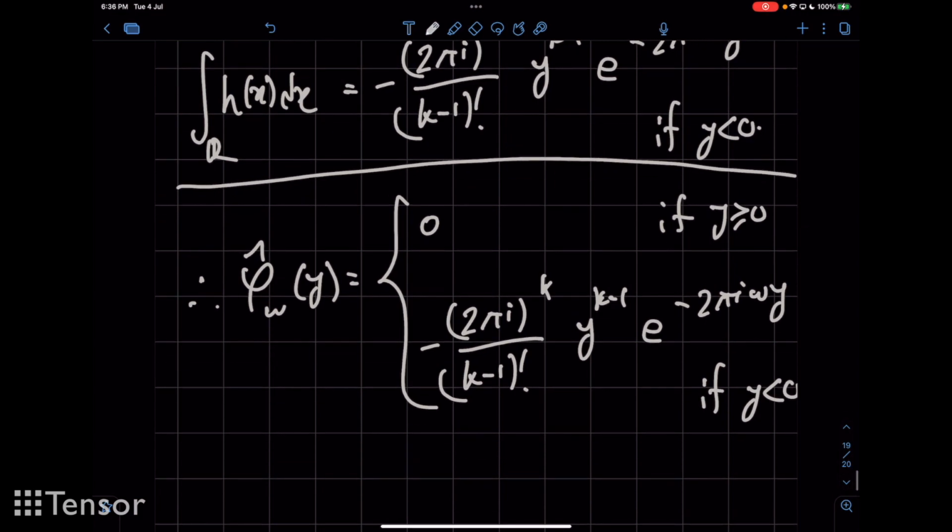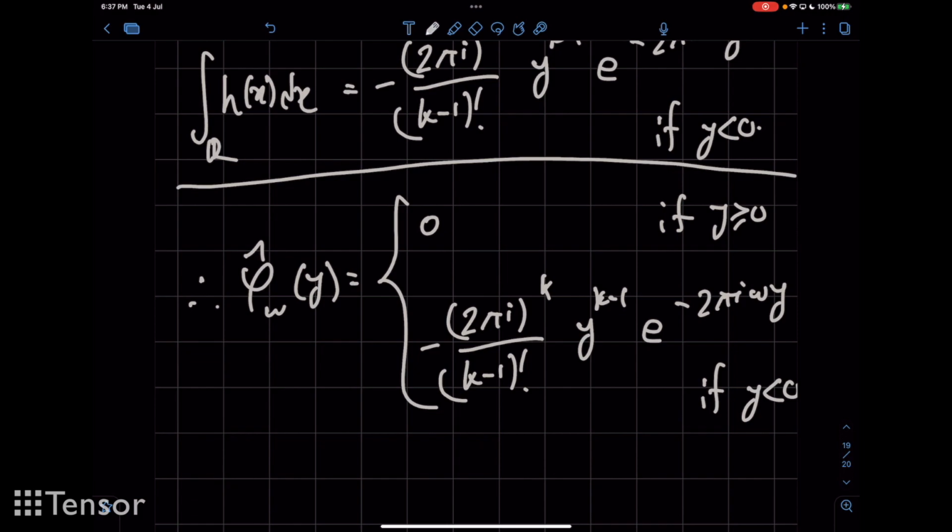We need to verify now a couple of things. That is, this function is continuous and absolutely integrable. Then we can apply the Poisson summation formula.